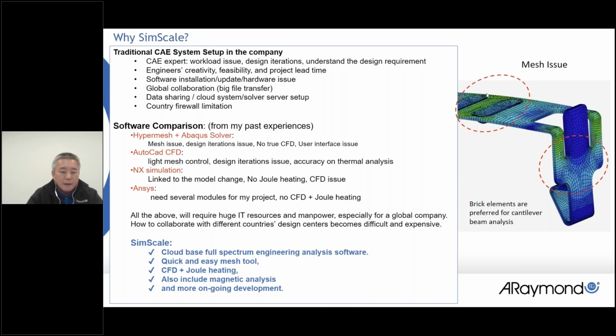Sometimes, in order to collaborate with a global team, you need to transfer files from one location to another. CAE files are usually huge, so data sharing and file transfer, or setting up solvers to solve all of the CAE jobs for a global company, is going to be very expensive and difficult. With some countries having firewall issues, there's another limitation there. That will create a lot of resource problems and expense.